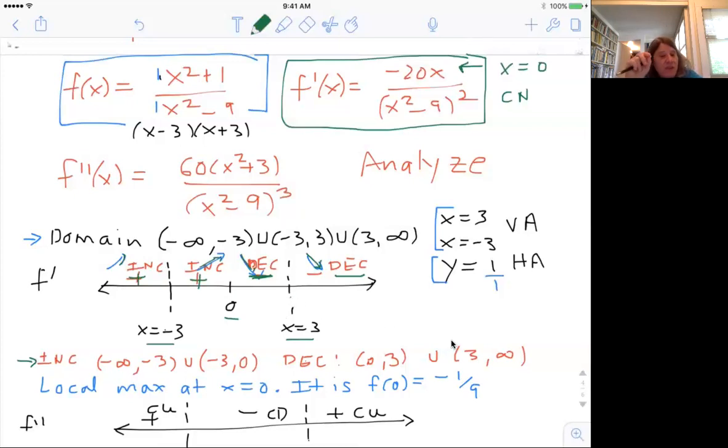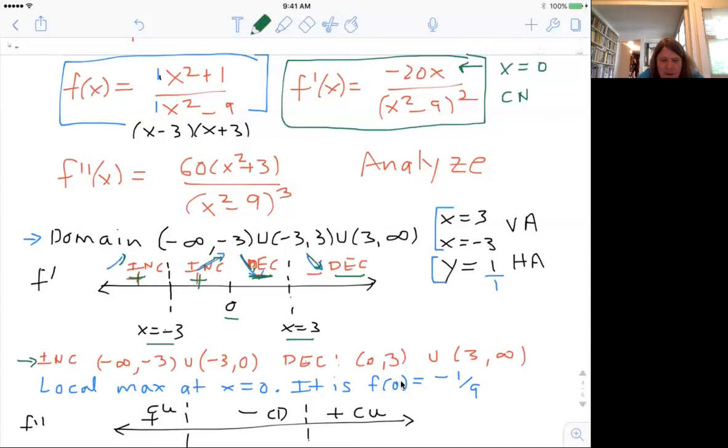First derivative tells you something else. It tells you local maxes and local mins. If you look at this, the only possibility for a local max or a local min, remember, is where it changes from increasing to decreasing or vice versa. Here we get going up on the left, going down on the right. That means we're going to have a local max at x equals 0.